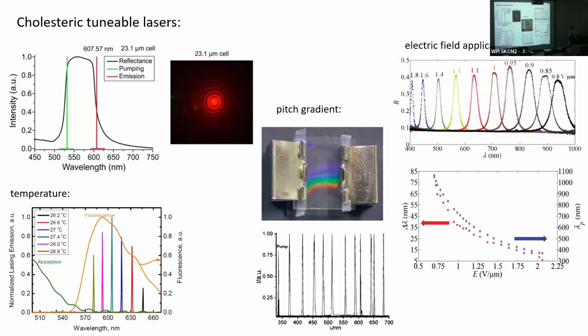And depending on the position where you have your lasing, you can tune your wavelength, and that works pretty well. Or you can even do this by applying electric fields. And so this is one way of making tunable lasers, for example, by using polysteric crystals.